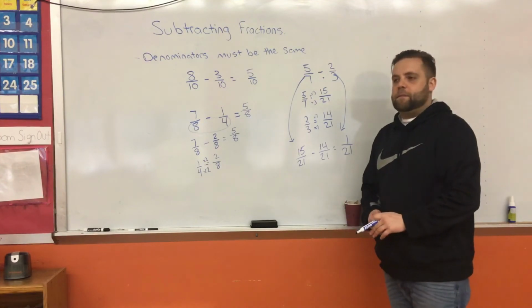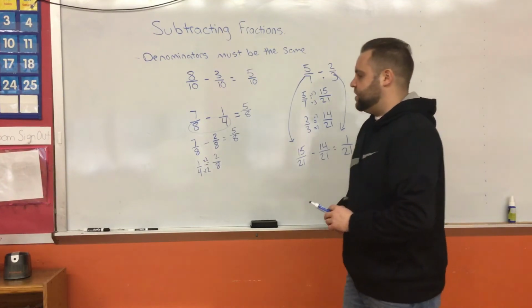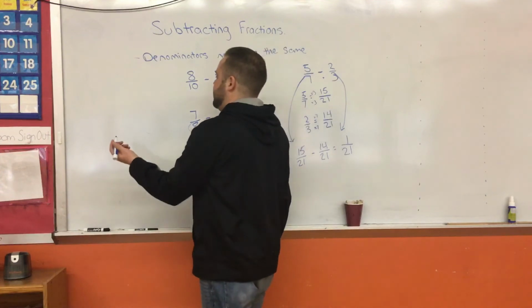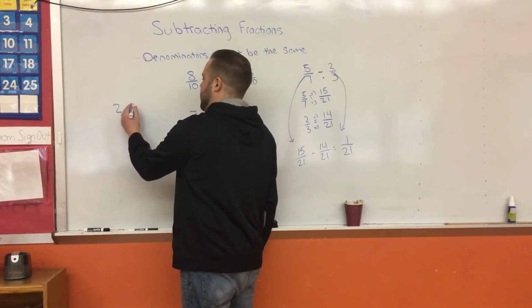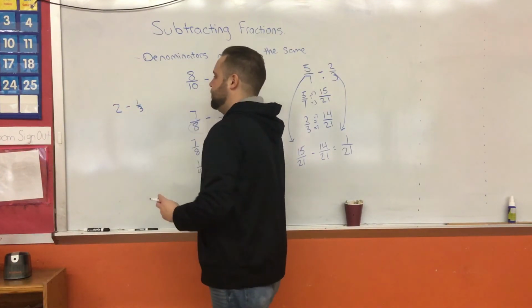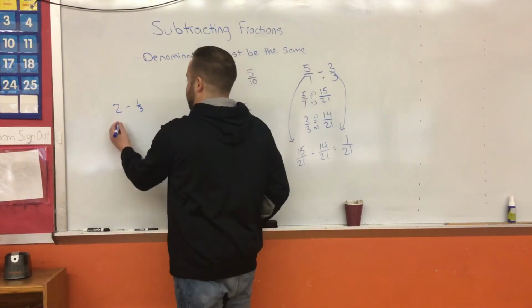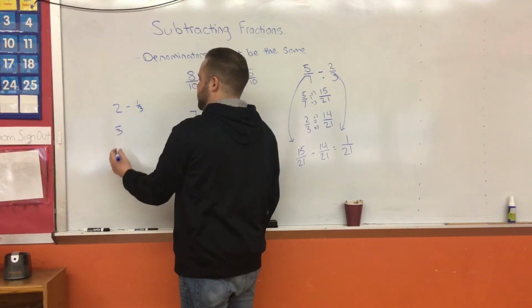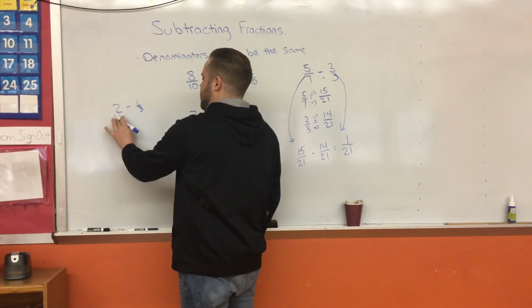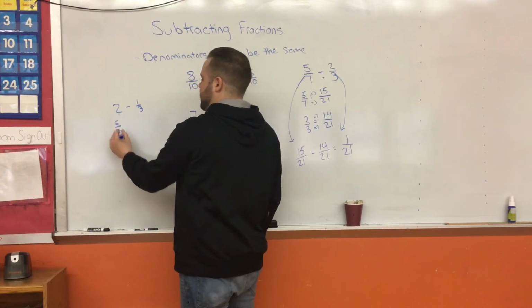And that's that. One last thing, actually. If they say, what's 2 minus 1/3? Well, you have to know what 2 wholes would be, right? So in thirds, 2 wholes would be what? Well, of course, it would be 6, because 6 divided by 3 is 2.